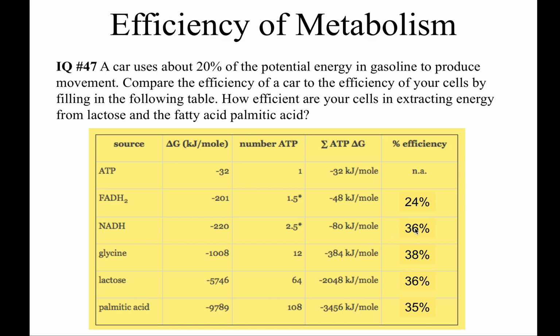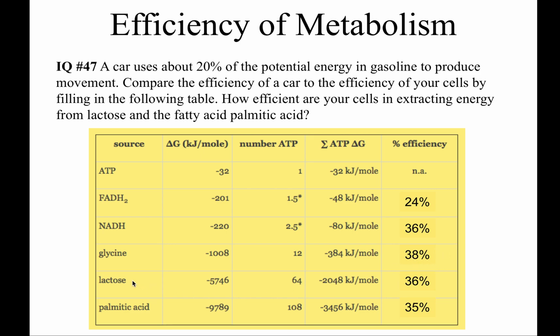NADH, you get about 36% of the energy captured. Glycine, we haven't talked about this yet, but we will in the next podcast, how you break down stuff that is not carbohydrate. So glycine is an amino acid. If you're breaking down protein, you get about 38% of the energy.